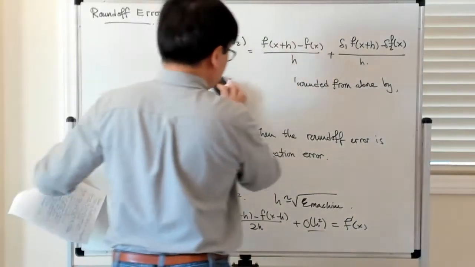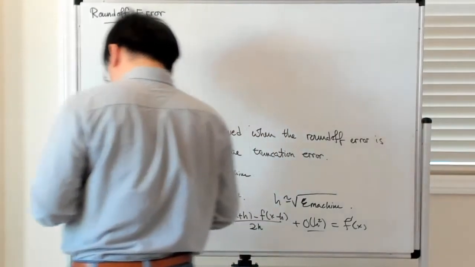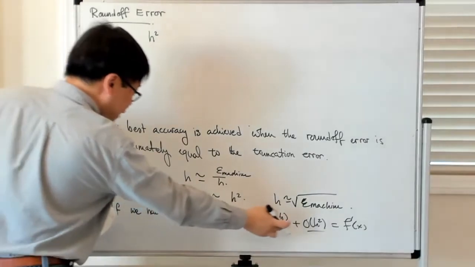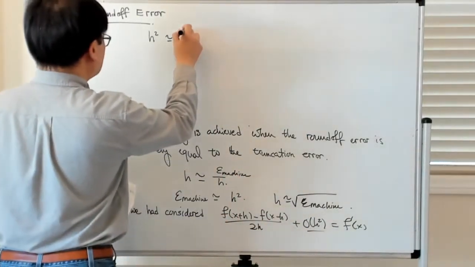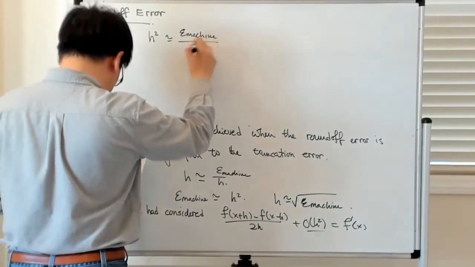The round-off error is still more or less the same up to constants. So now you want the truncation error, which is now big O of h squared, to be approximately equal to the round-off error, which is epsilon machine again, divided by h.